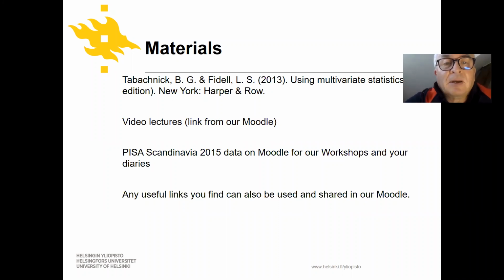Okay, materials I was already talking about, you will find at the library, Tabachnick and Fidell, really good stuff. You can also buy it. There probably are even newer editions, and you can most definitely use other statistical books as well.